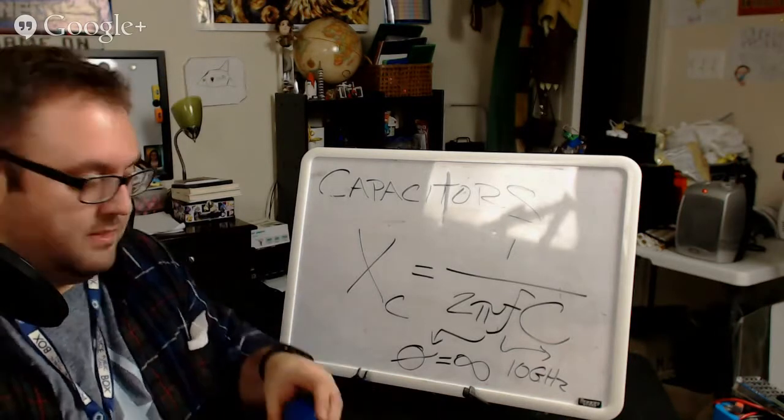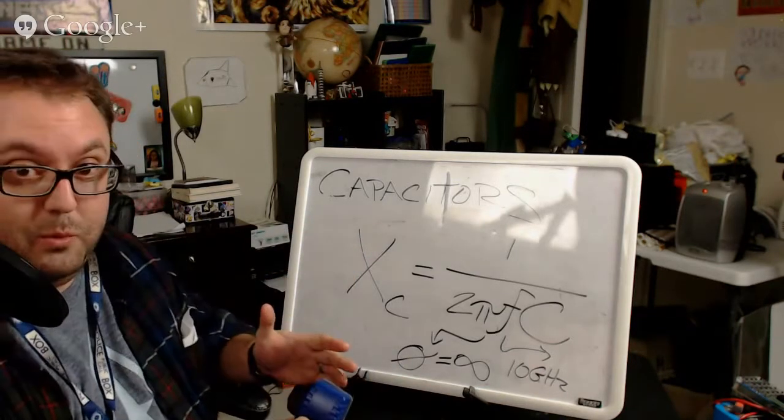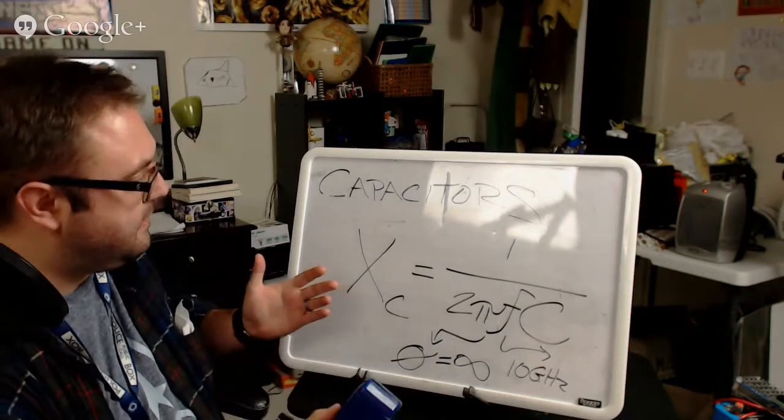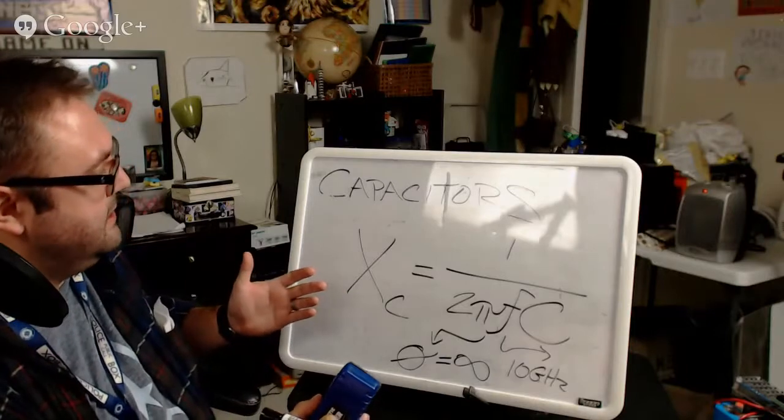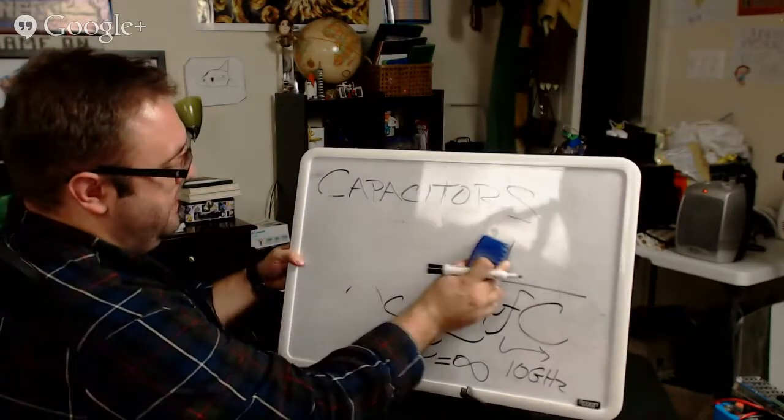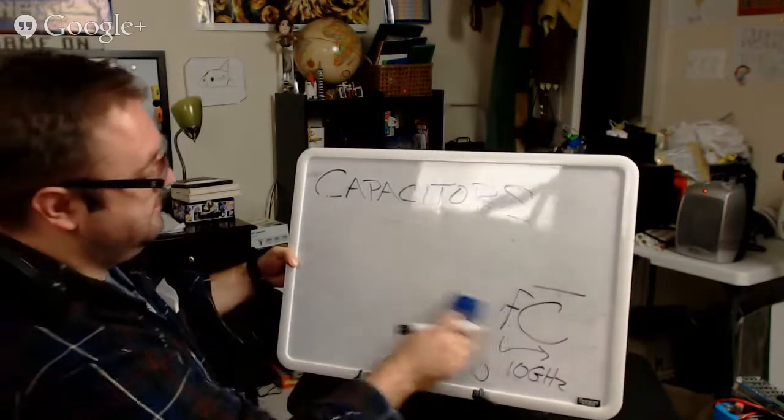I wanted to throw that in because we just had the discussion of the blocking capacitor. So that's the math behind it at a 50,000 foot level view.